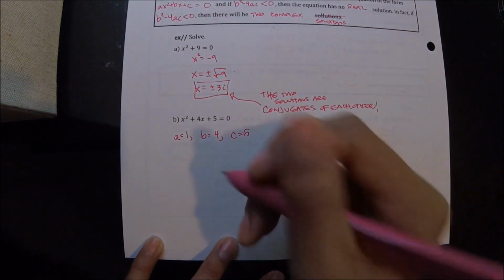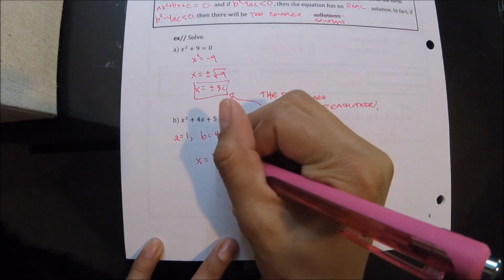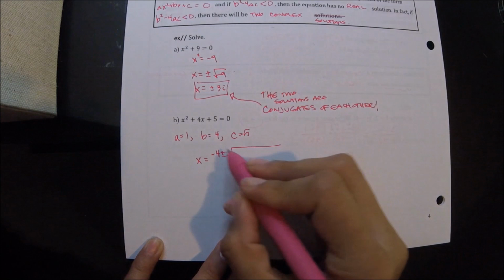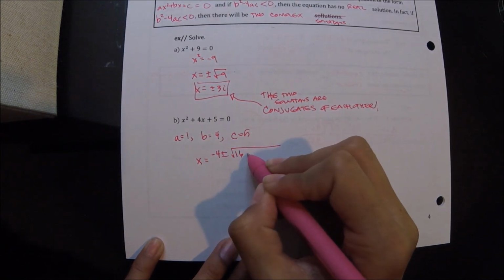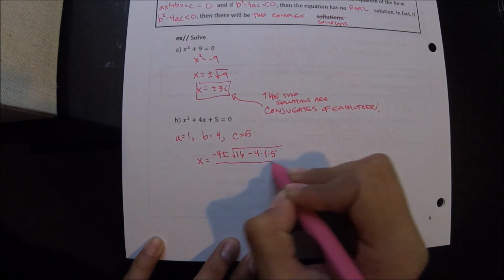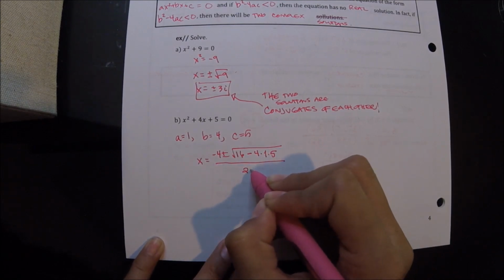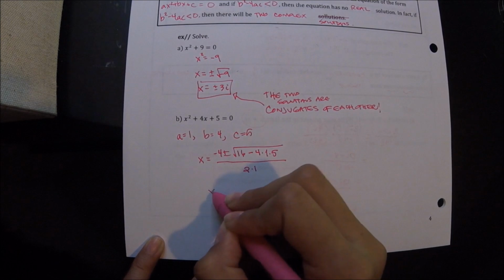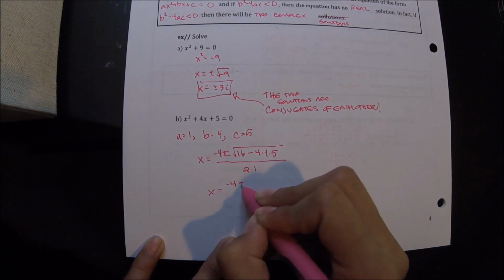So using the quadratic formula, x should equal -b plus and minus the square root of b squared, which is 16, minus 4 times a times c, all over 2a. Then just simplify.